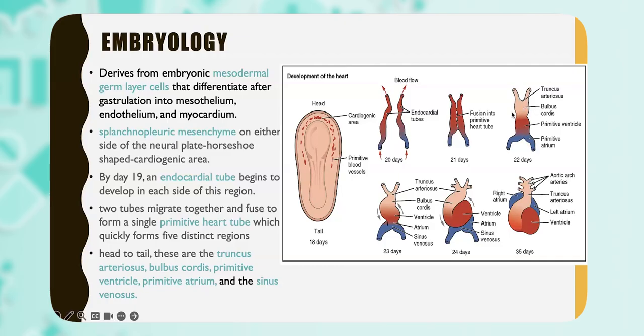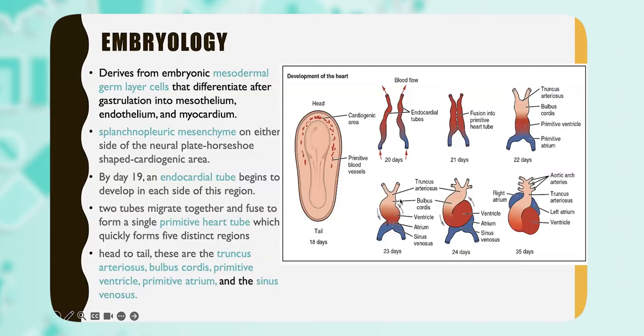Okay, and this tube is divided into 5 parts. The cranial most part is the truncus arteriosus, then bulbus cordis, then primitive ventricle, then the primitive atrium, and then we have the sinus venosus. So this is the venous end and this is the arterial end of the heart. Then from 23rd day, something called morphogenesis occurs.